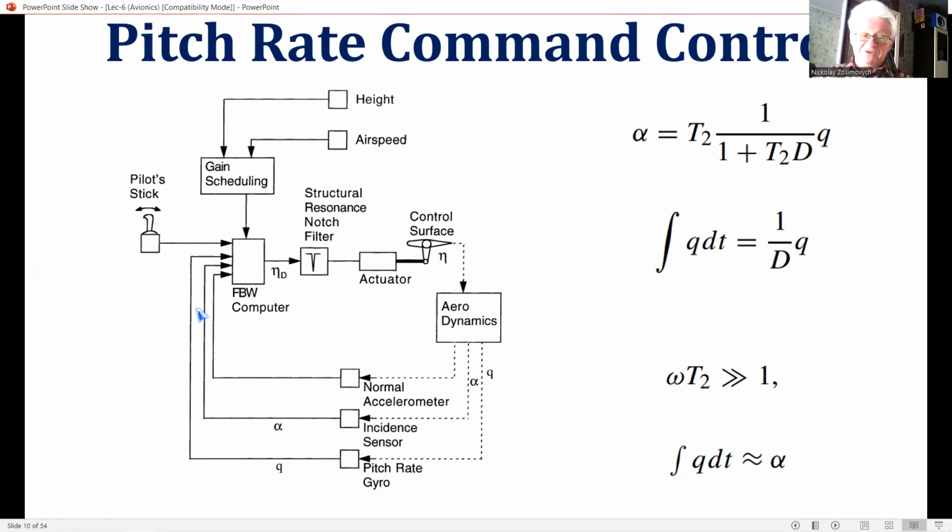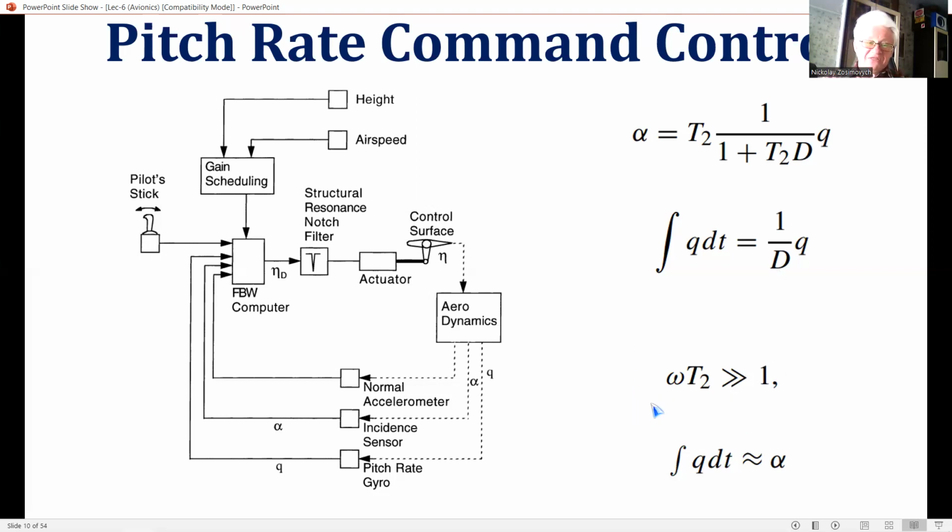The relationship between alpha and Q, between alpha and integral of Q dt, can be seen from the second equation. And the frequency response of the alpha over Q transfer function, in fact, approaches that of a simple integrator at frequencies where omega T2 is many times higher than 1.